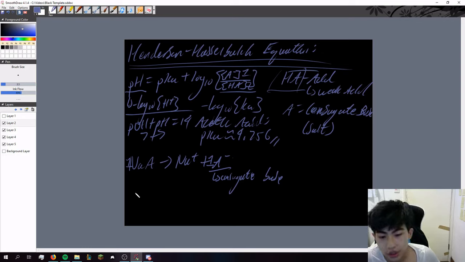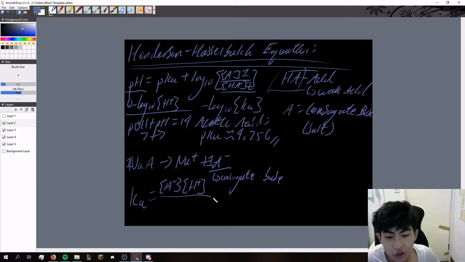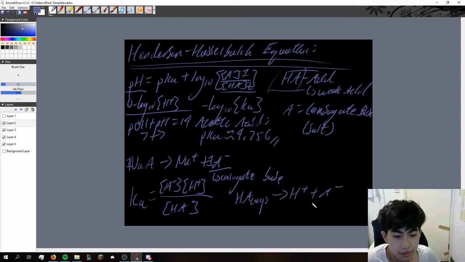Now, if we just try to calculate, Ka is equal to the concentration of A- ions multiplied by the concentration of H+ ions, over the concentration of HA, because we know that under aqueous solutions an acid will dissociate from HA, will ionize into H+ and A-.